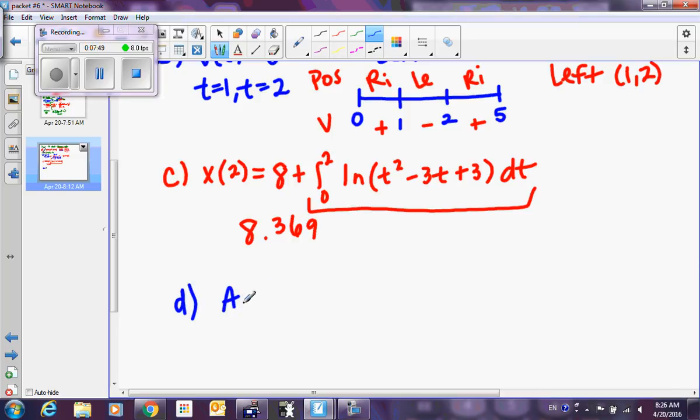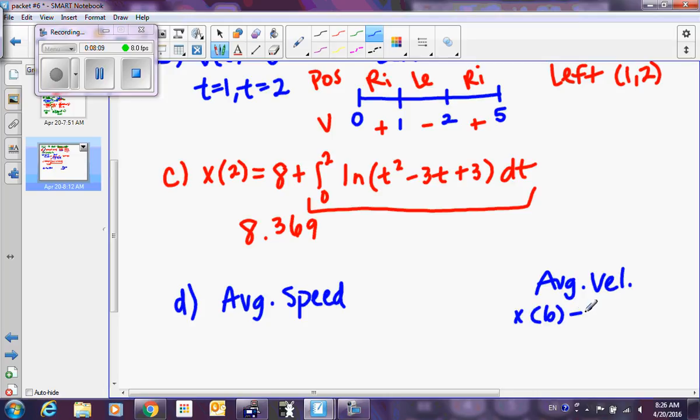Part D says average speed. Well, if we had an equation for position, we could maybe do this a different way, but since we're given velocity, if this said average velocity, you can do this 2 ways.